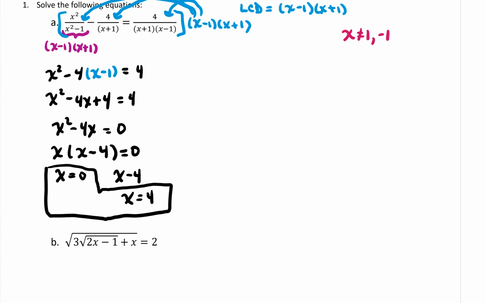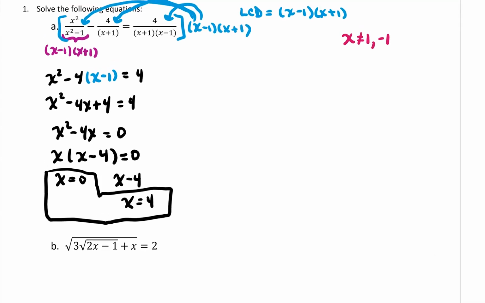This problem is worth 5 points. Give yourself credit if you got everything correct and you showed your work in a nice and organized manner. If you didn't get the correct answer, but you had maybe a sign error, or just a little teeny error, maybe knock off a half a point to a point.